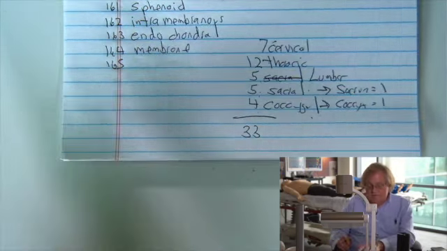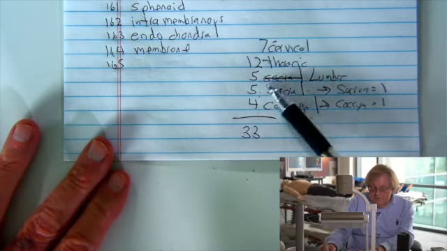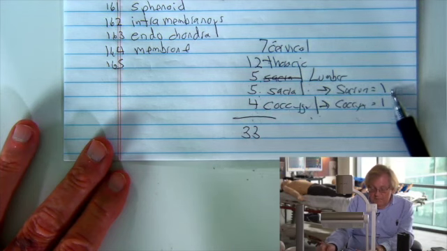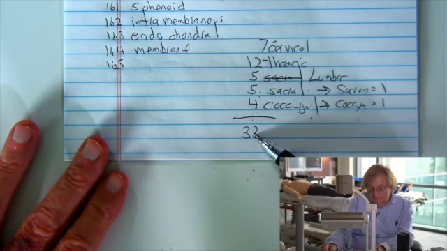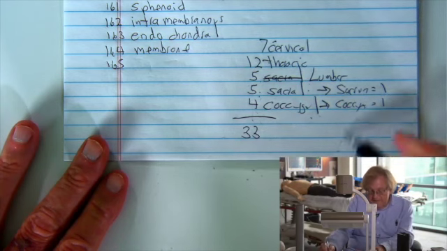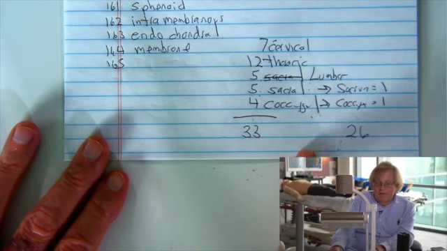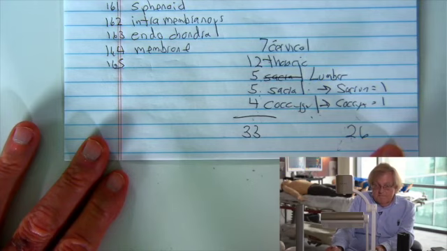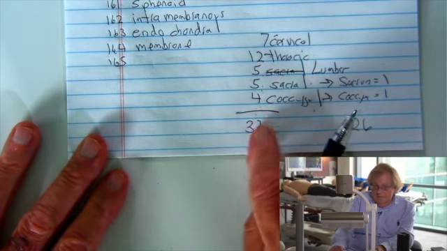So it changes that number a little bit. Originally this was 5 and 4, which is 9, and now you take 2 away, which is 7. So 7 away from 33 is 26. If I look at the vertebrae as the fused sacrum and coccyx, I've got 26. If I look at the vertebrae as being unfused, I've got 33.